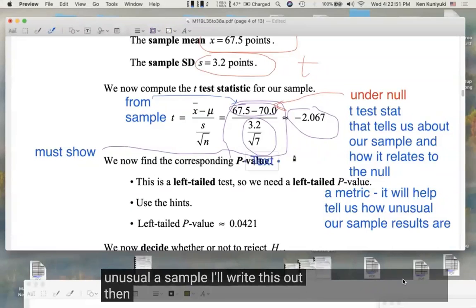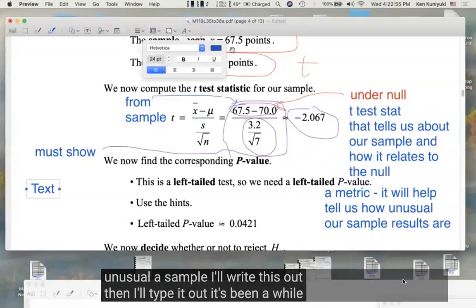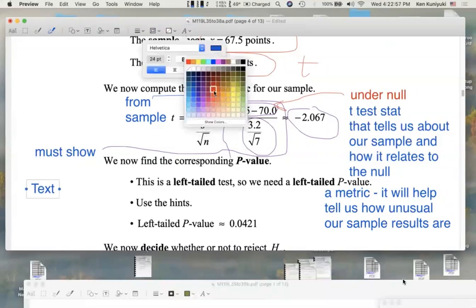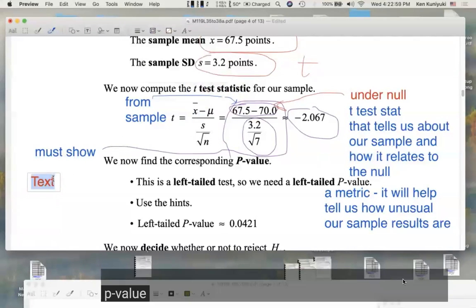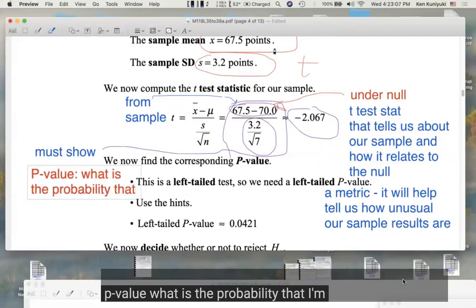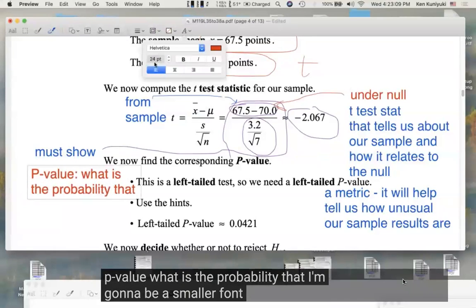I'll write this out, then I'll type it out. P-value.